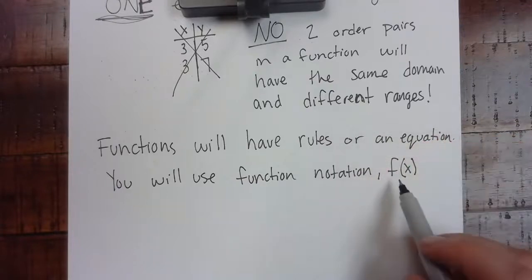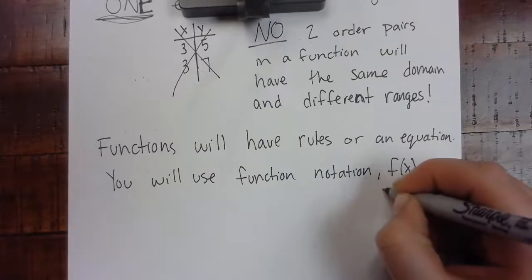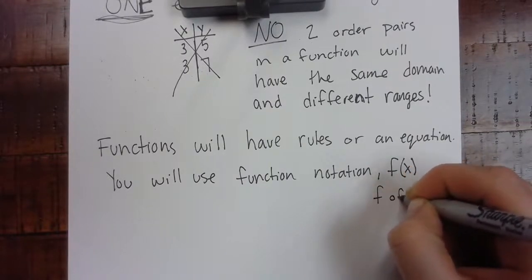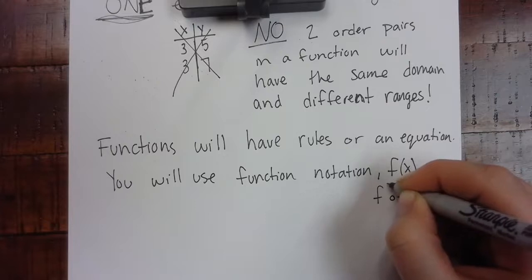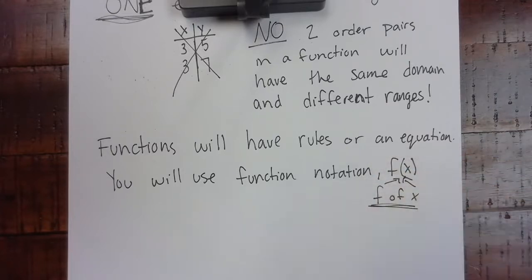And you do read that, not f times x. This is read f of x. That is how this is read. You have to read it f of x. It's not f times x, it's f of x.